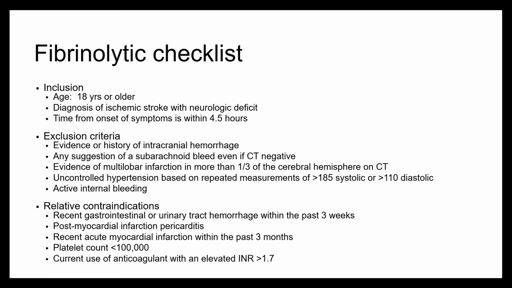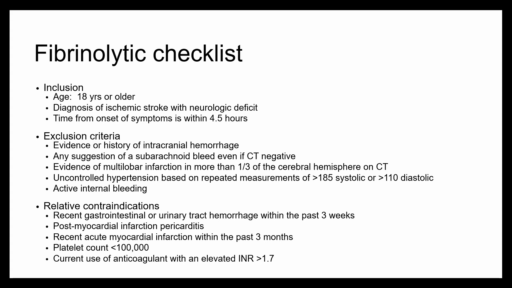When it comes to the administration of the fibrinolytics to the patients with ischemic strokes, they must be screened before the TPA can be administered. TPA is the fibrinolytic of choice for patients with ischemic strokes. So screening for the administration of TPA includes first that non-contrast CT, as mentioned in the diagnostics, or an MRI. One has to be done to rule out that this is a hemorrhagic stroke.